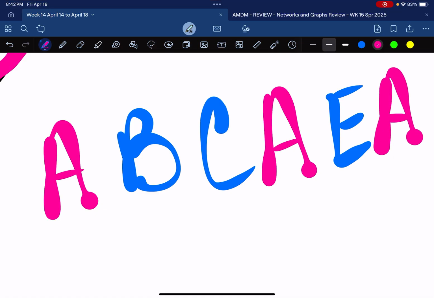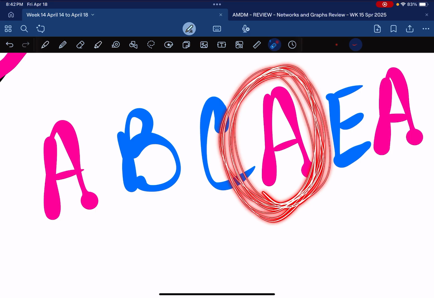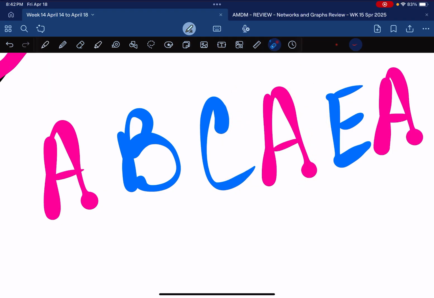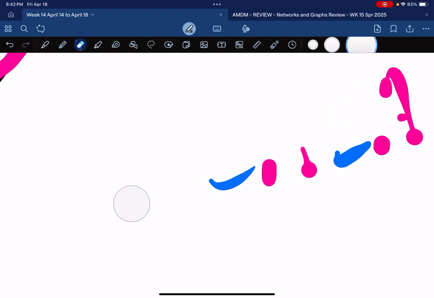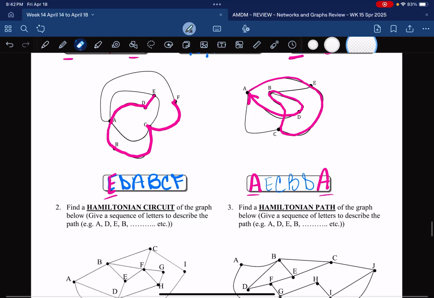If I stick an A at the end, it's nothing because you cannot have another number or letter in the middle like this. That's been repeated. If this was another C, that is not okay. You can only have it repeat at the beginning and the end for it to be a circuit.